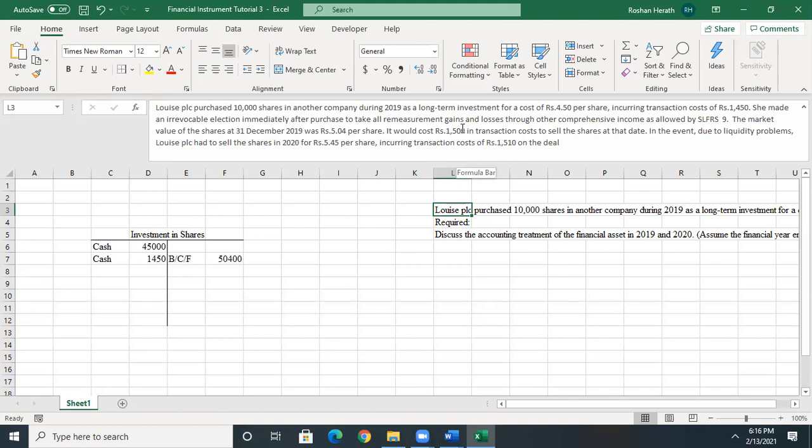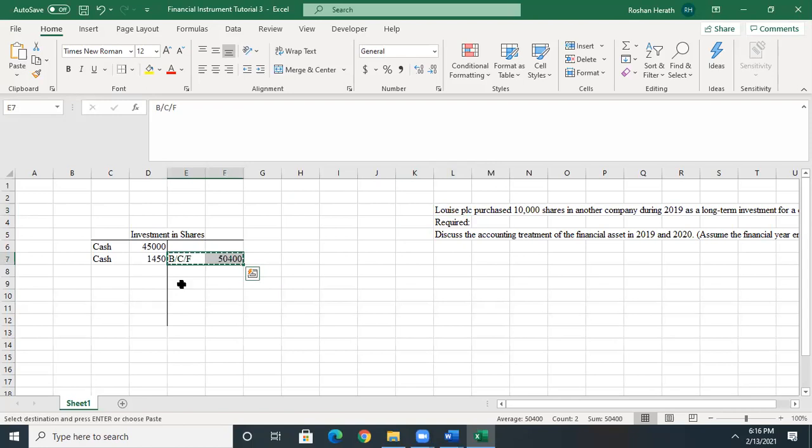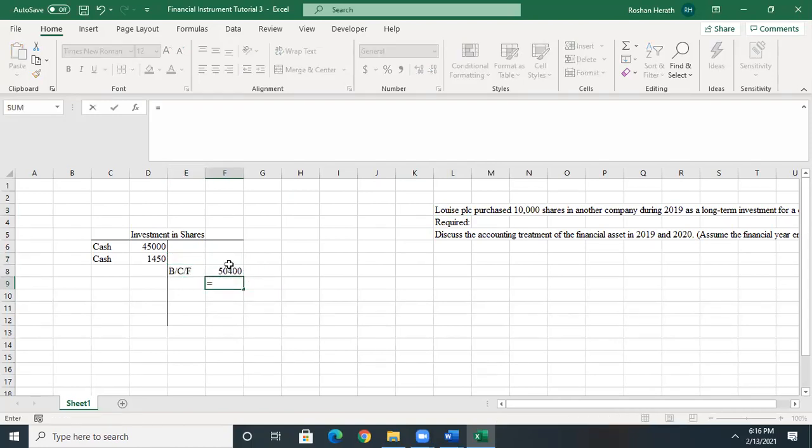But remember, we are not going to consider the transaction cost at the point of remeasurement. We only consider that at the point of purchase as well as at the point of disposal. So that's how we do. It's 1,500. You should not consider that. So that is the learning outcome over there. In fact, that is what I want you to understand clearly.